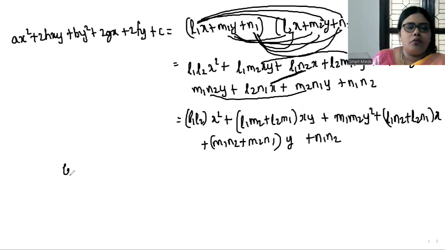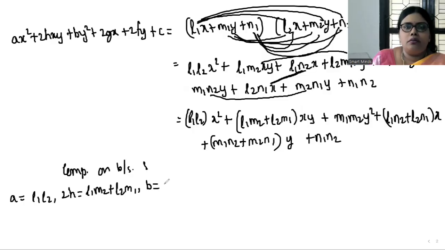Now comparing on both sides, what do you get? A is equal to L1 L2. 2H is equal to L1 M2 plus L2 M1.